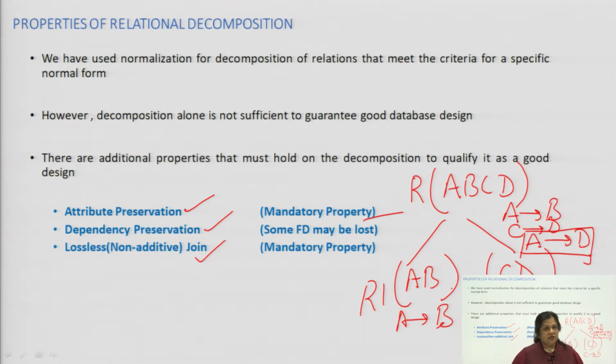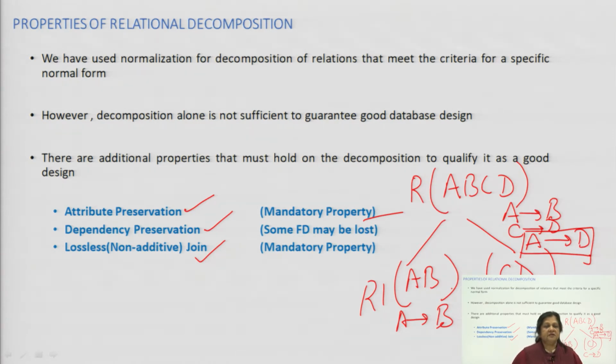Again, a lossless join is a mandatory property, because lossless join means that there can be no loss of data when the decomposition is being performed. When we say loss of data, generally loss of data means loss of information. So, it may not mean loss of any attributes or loss of any tuples.